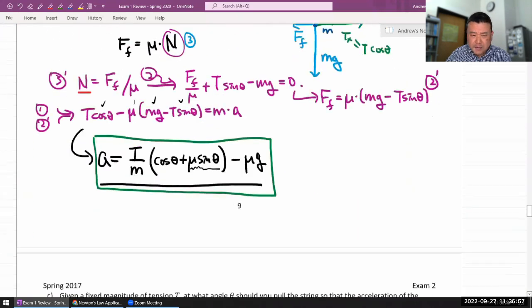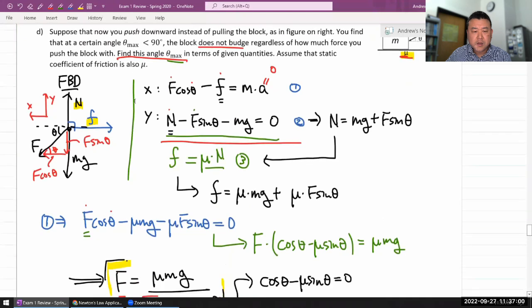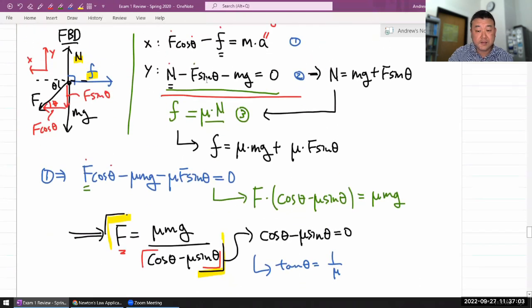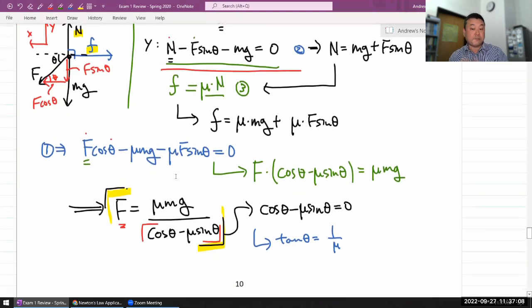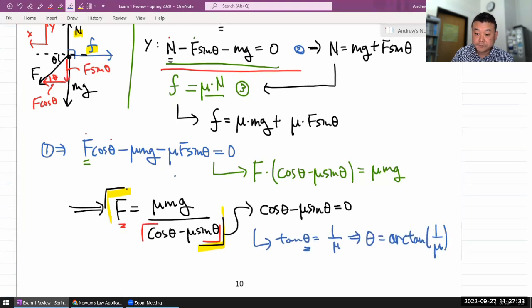Even if we weren't, tangent theta being the kind of function it is, mu can be anything from something bigger than zero to something approaching infinity, and we'll still get a value of theta that's an acute angle less than 90 degrees. So the angle theta at which this wonderful thing happens, where the denominator goes to zero and the required force F approaches infinity, is given by arctangent of 1 over mu.